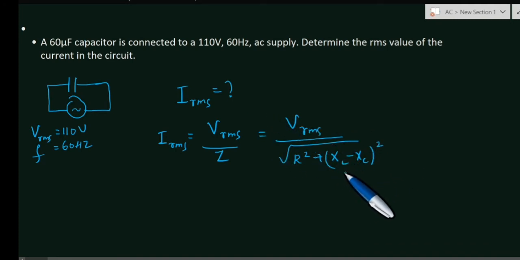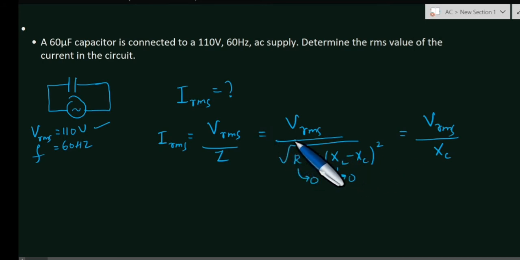Here there is no inductor in a circuit and there is no resistor in a circuit, so both the values are 0. Only XC will be left as it is, therefore Vrms divided by XC. So this is the formula of Irms. So Vrms is given and XC we need to calculate.